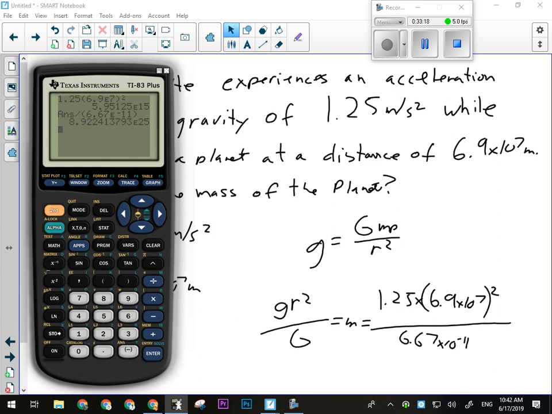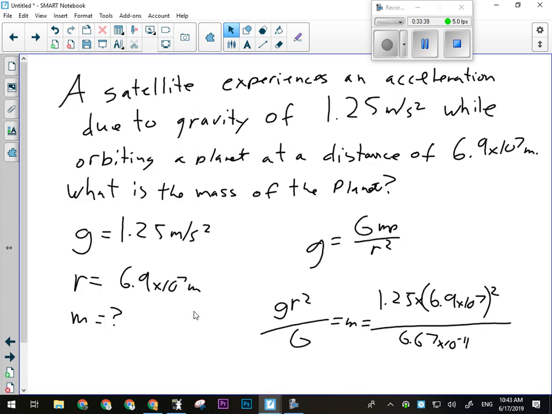Okay, so this planet is heavier than Earth by a lot. 8.9 times 10 to the 25 kilograms. It doesn't matter, because exponents are done first, so it would do it first. Okay, done. All right, what else?